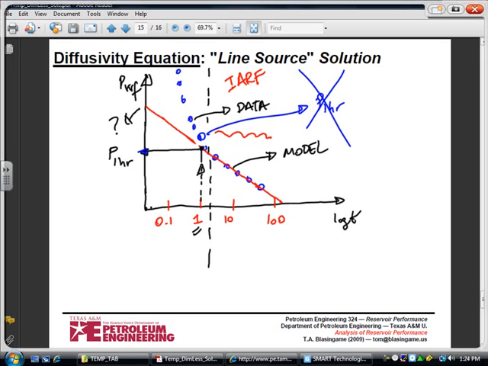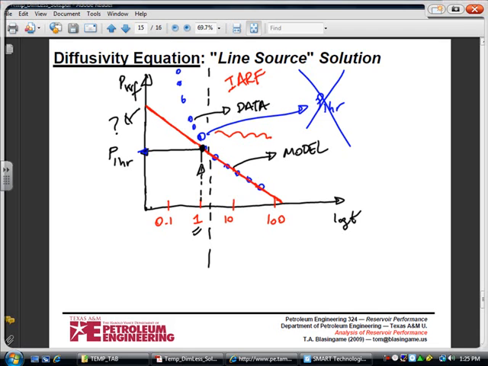Data guides you or shows you if you are in infinite acting radial flow or if you are in a pseudo steady state flow regime, if you are in wellbore storage regime. It shows you that, but what you are going to do, you understand the flow regimes, and then let's say if you are in infinite acting radial flow, then it should be a straight line. So this is our straight line here. And then this will be the value of the intercept.